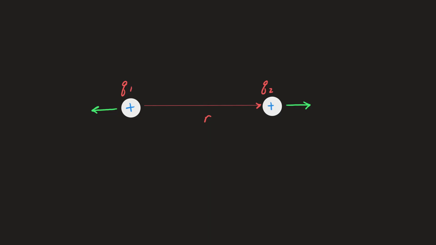This green arrow represents the force on charge 2 from charge 1. Force on charge 2 from charge 1. Now just keep in mind, I am not going to use this kind of nomenclature for very long. I'm just using it to demonstrate how the R hat works, okay?